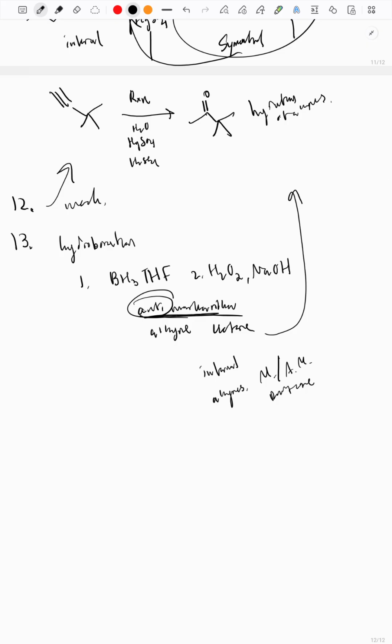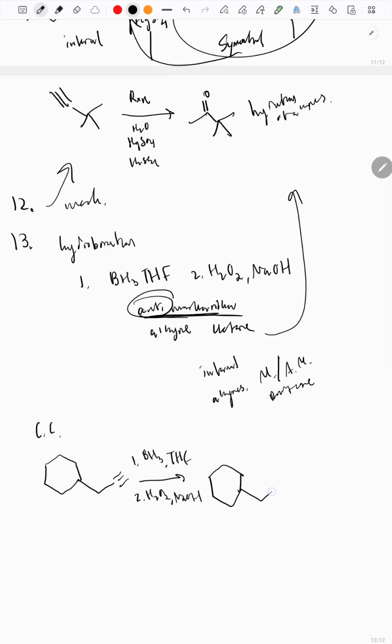Let's do an example, conceptual checkpoint. Let's say we had a molecule that looked like the following, and we did hydroboration, BH3 THF followed by peroxide, sodium hydroxide. What will happen?